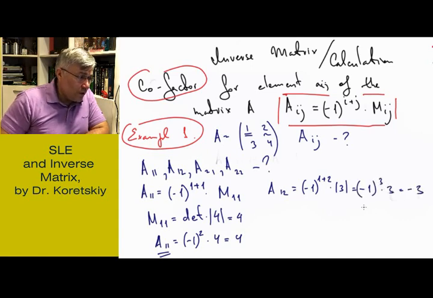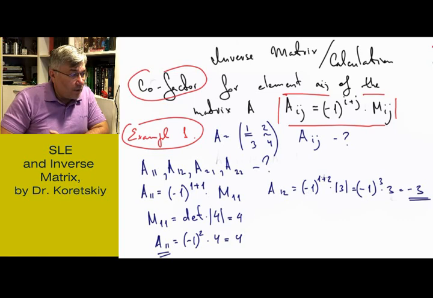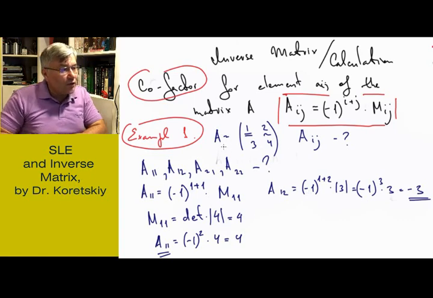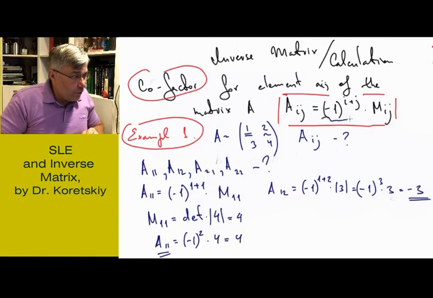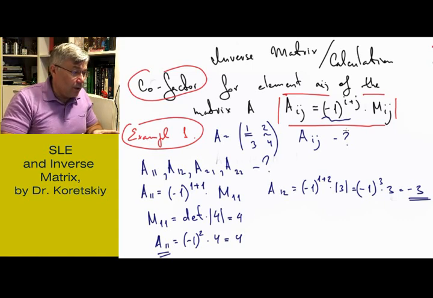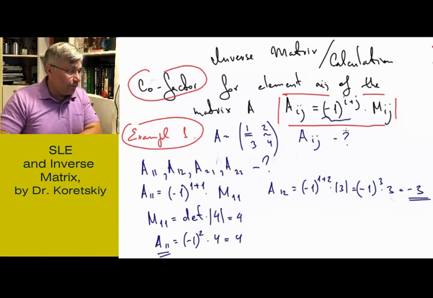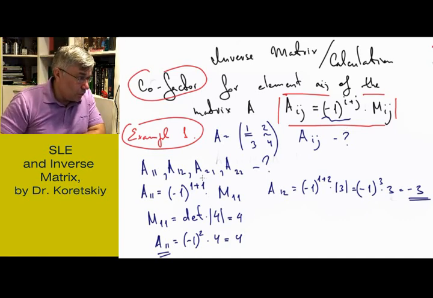So we can notice here that this cofactor is kind of the same element of the matrix A, but it changes its sign. So this is the first factor in this given formula. It is the factor which changes the sign of the cofactor.